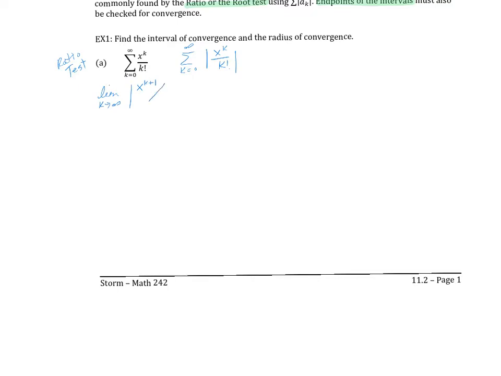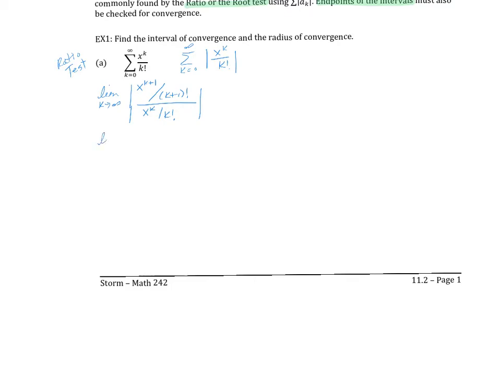Now I can't leave off the absolute values because remember, I don't know what x is. X could be negative. And this is over k plus 1 factorial, all over x to the k over k factorial.